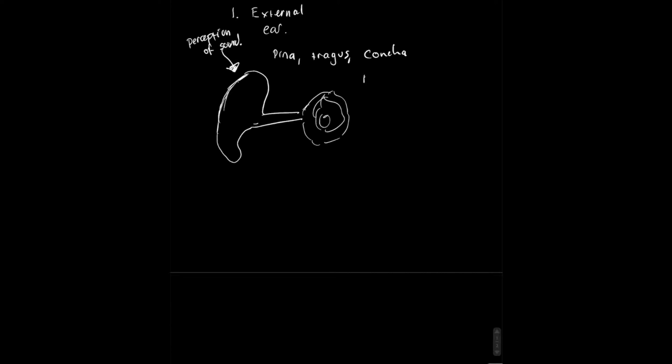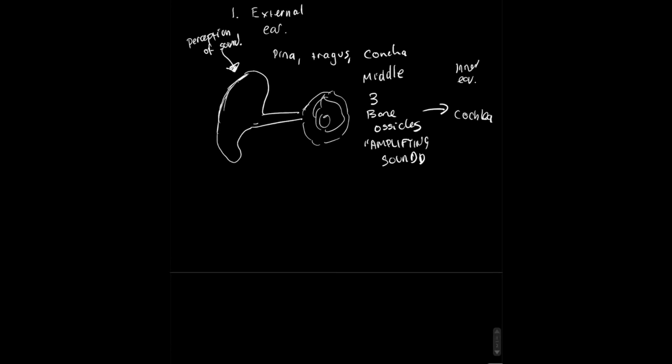The middle ear really starts with the eardrum, and it has three main bones called the ossicles, which is really about amplifying the sound. And then the inner ear is primarily made up of the cochlea.